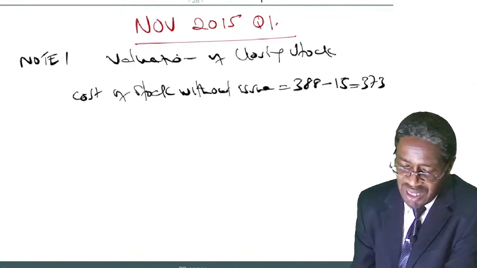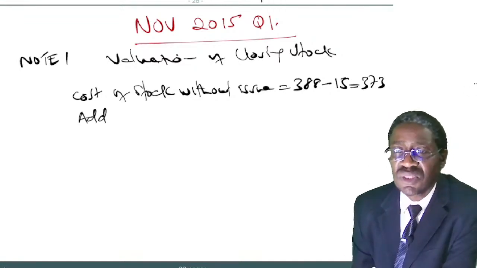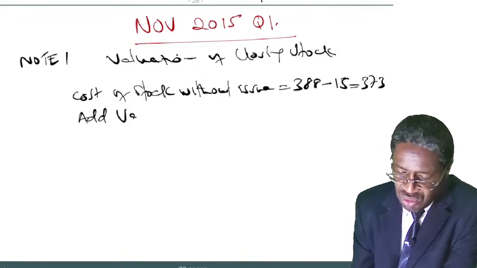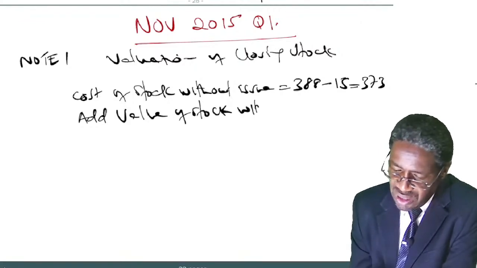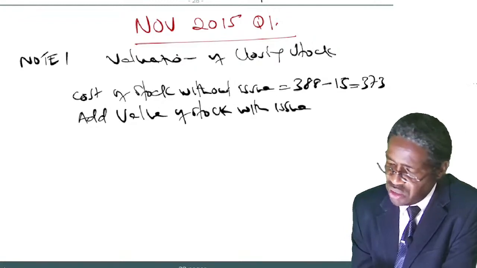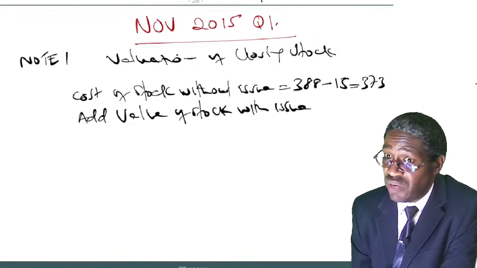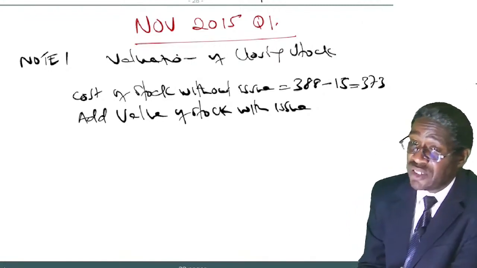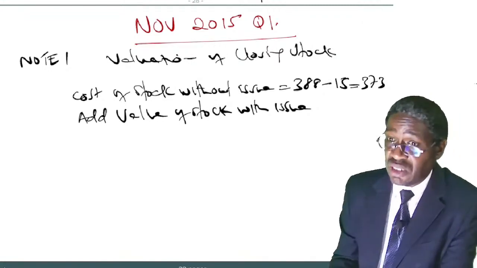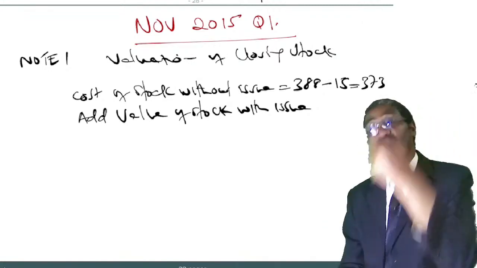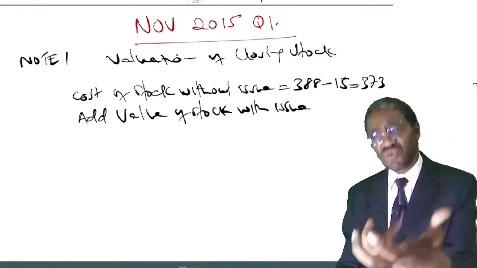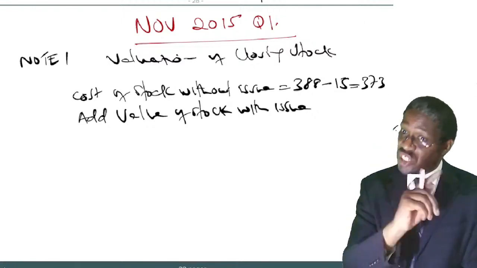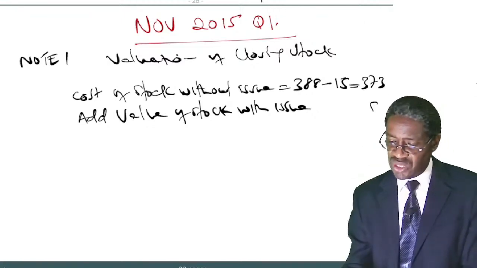Then I now come and add the value of stock with issue. We have agreed one component of stock cost 15, but it was sold or it will be sold, whichever way. Whether the question tells you it will be sold or it has been sold for 8 million, whichever of the two is lower, which is 8.